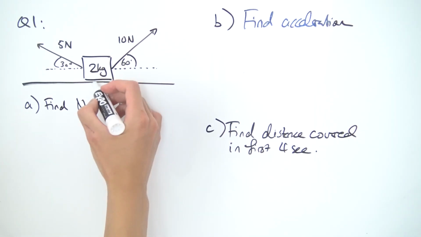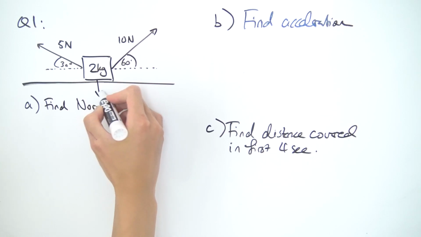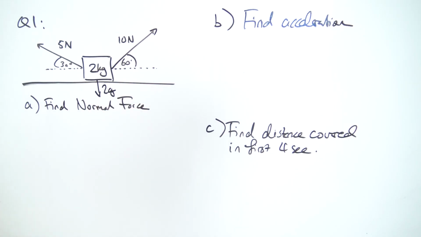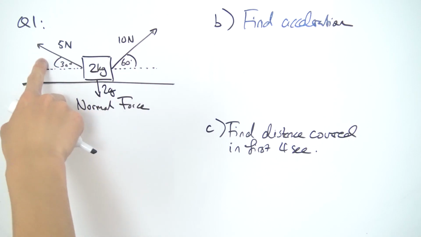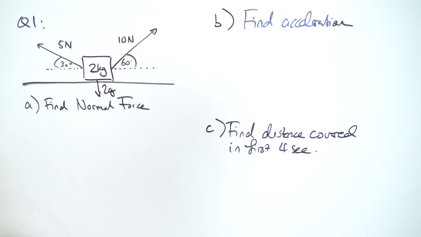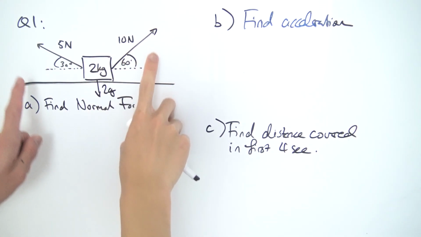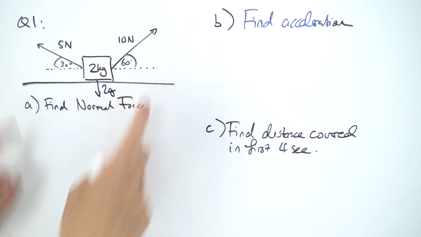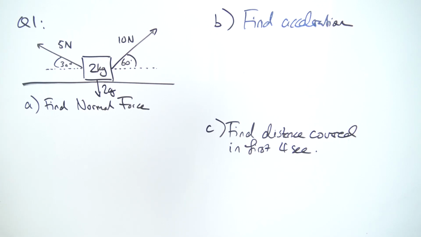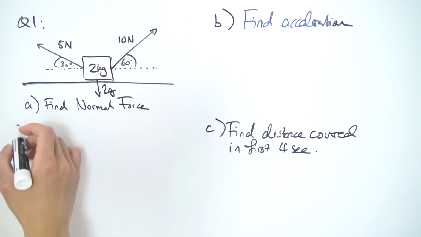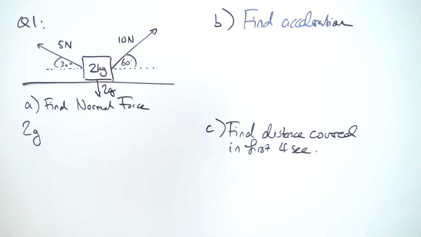Well, we know there's this weight force going down, which is 2g. And if we ignore these 2 forces, then the normal force would just be 2g. But since we also have these additional forces going up this way, the normal force is reduced a little bit.